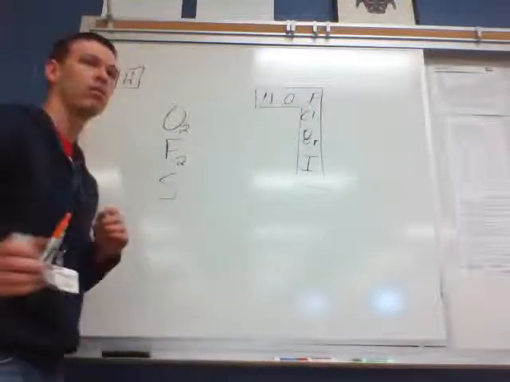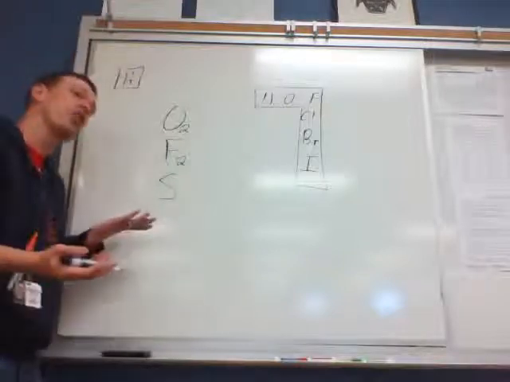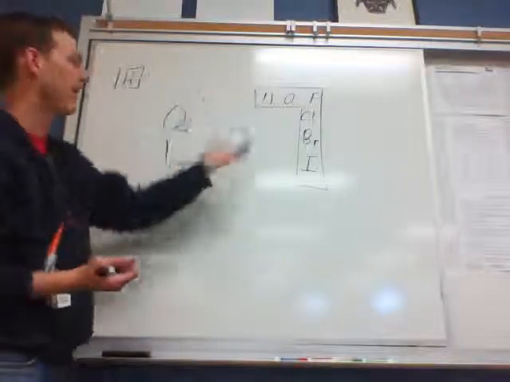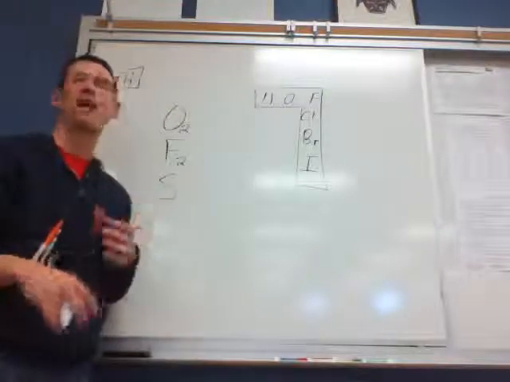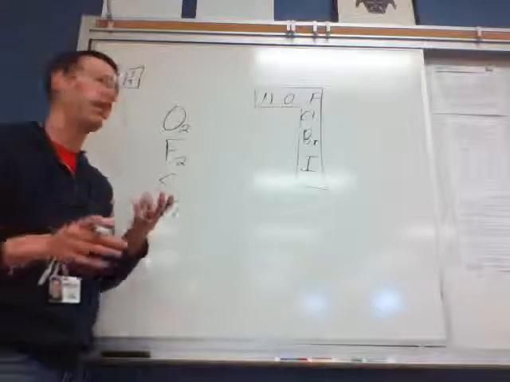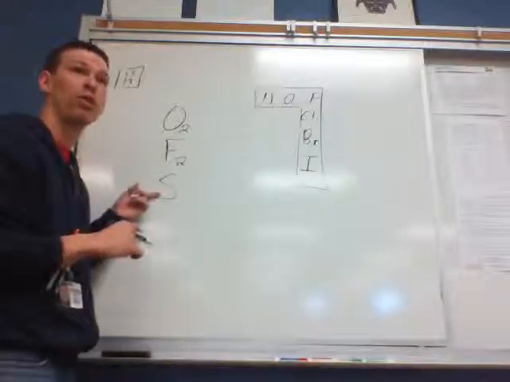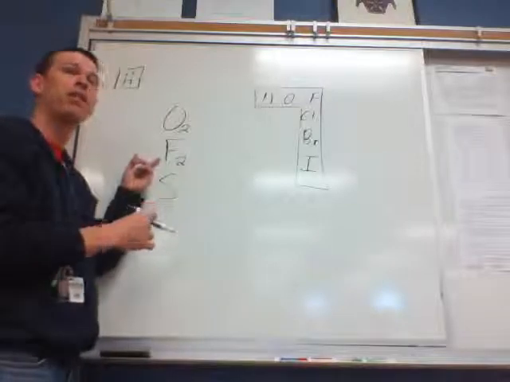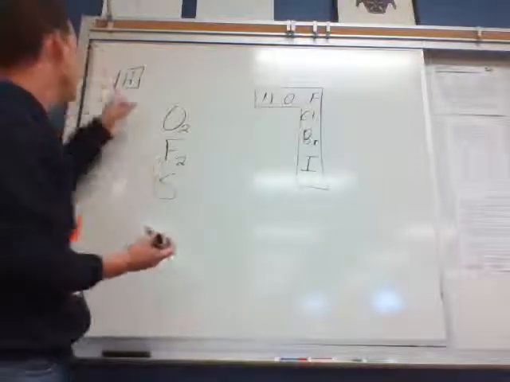But if I give you sulfur, sulfur can just look like that. Sulfur can exist alone because he's not a diatomic element. And that's just the nature of the elements in regards to how they live on our planet. You can find one sulfur atom, but you can't find one fluorine atom. It'll either be bonded to something or bonded to itself.